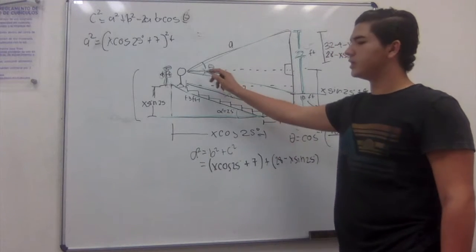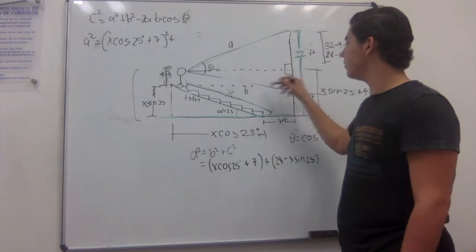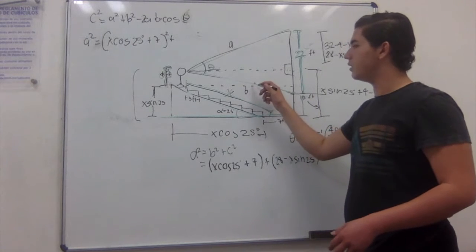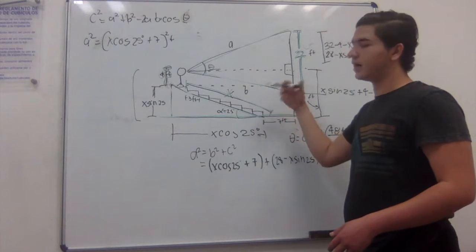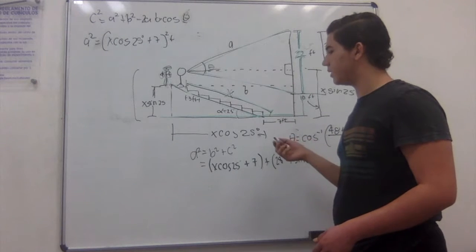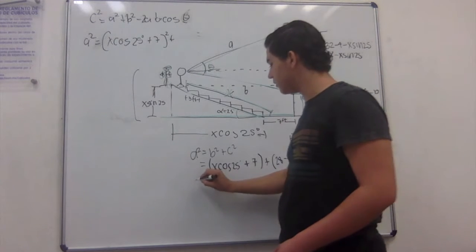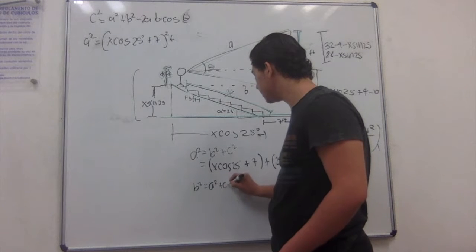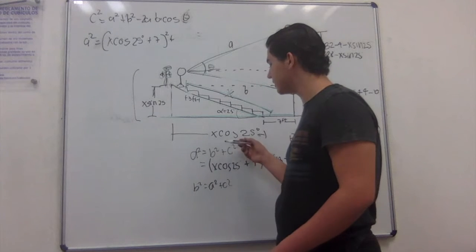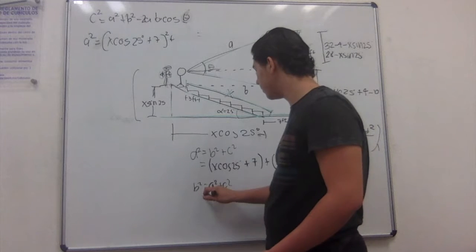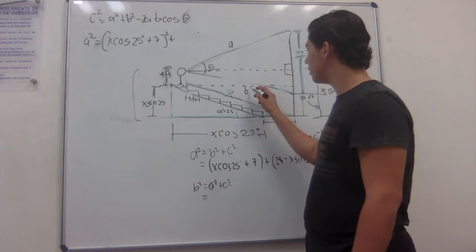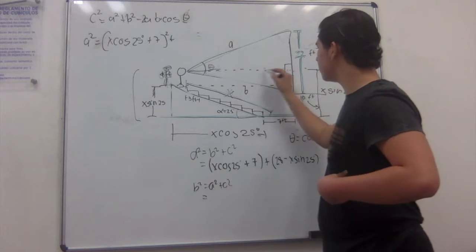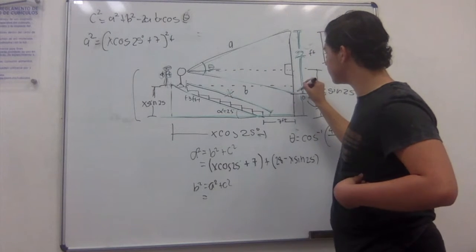Now we're going to use the triangle on the bottom that we drew earlier, and this is B, in this case the hypotenuse, and we're going to use the Pythagoras theorem. In this case B squared equals A squared plus C squared. It's not the same variables as before, but okay. Now we're going to say B squared is the sum of this squared and this squared.